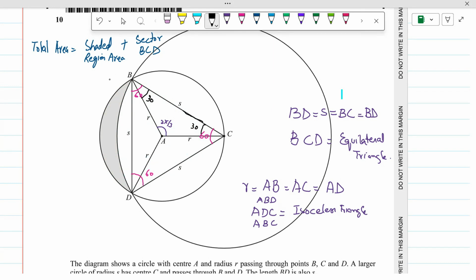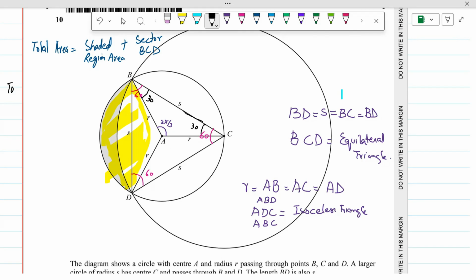Now this same total area can be found by using the sector of the small circle. This is the sector of the small circle, which is ABD, plus the area of the two triangles, which are ABC and ACD.